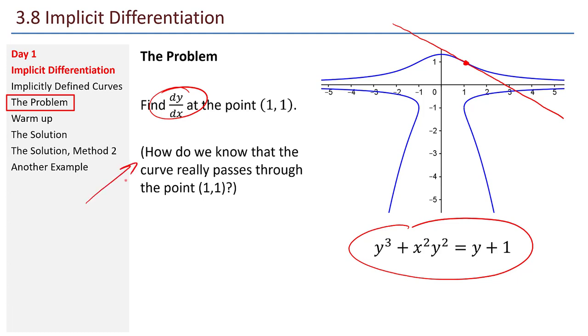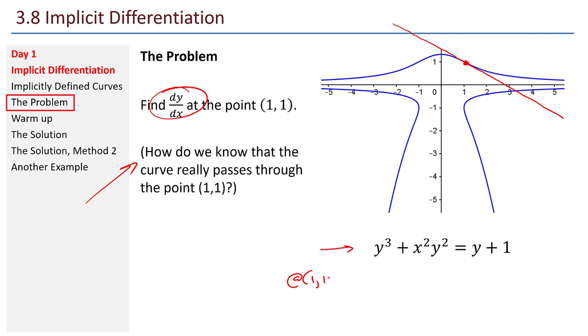Maybe I'll first address this. How do we actually even know that the curve really passes through the point (1, 1)? Well, we have to make sure that the point (1, 1) satisfies the equation. In other words, if I plug in 1 for x and 1 for y, it makes the equation into a true statement. So let's see.